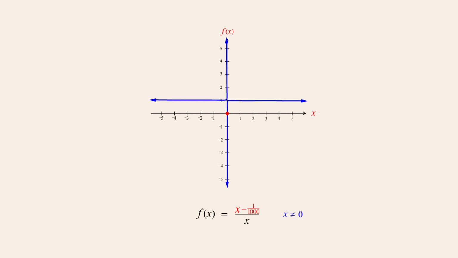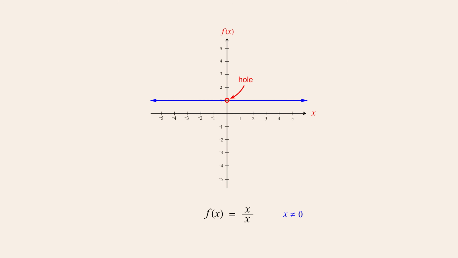However, if we make the numerator 0 identical to the denominator 0, the vertical asymptote and the x-intercept cancel each other, leaving only a missing point in the graph. This missing point in the graph is typically referred to as a hole.